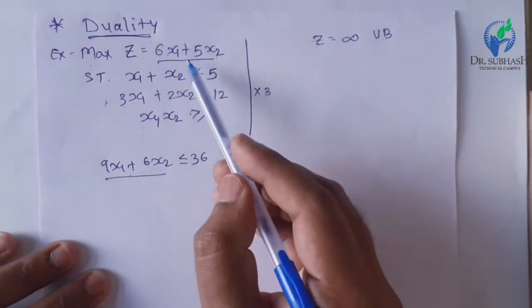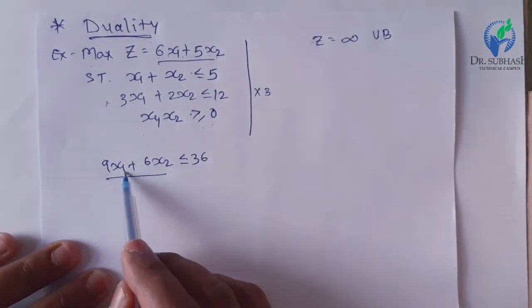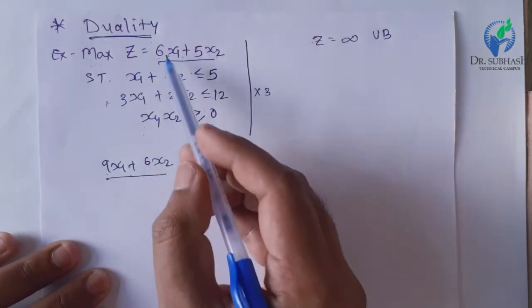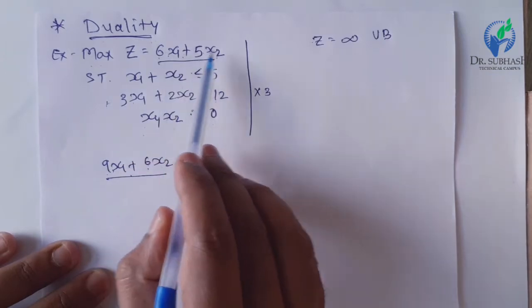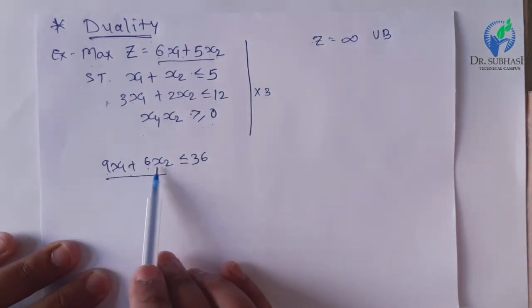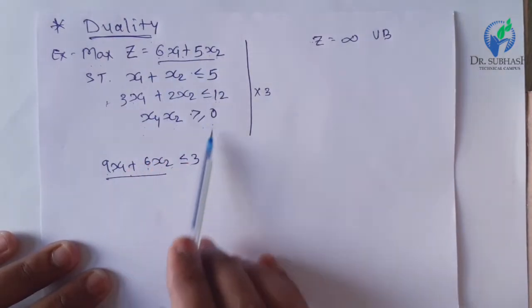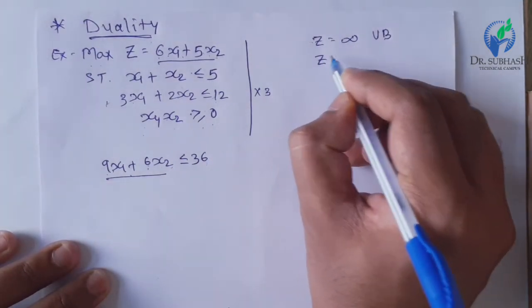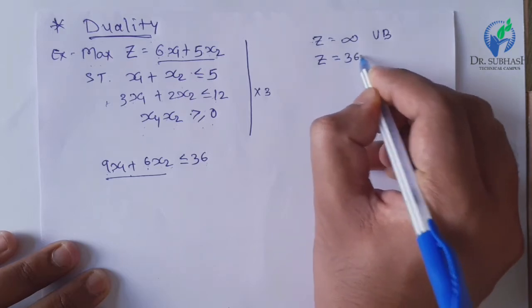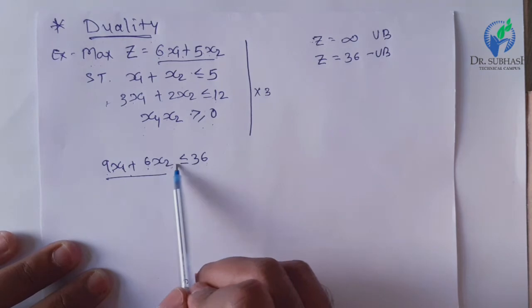Clearly 6x1 plus 5x2 is less than 9x1 plus 6x2, because 6 is less than 9 and 5 is less than 6. So 6x1 plus 5x2 is less than 9x1 plus 6x2, which is less than or equal to 36. So the conclusion is that 6x1 plus 5x2 is less than or equal to 36. So z is at most 36, which is an upper bound when we consider the second constraint only.